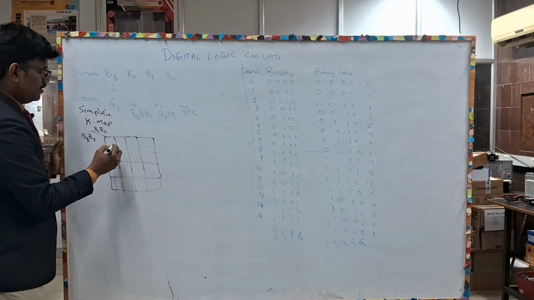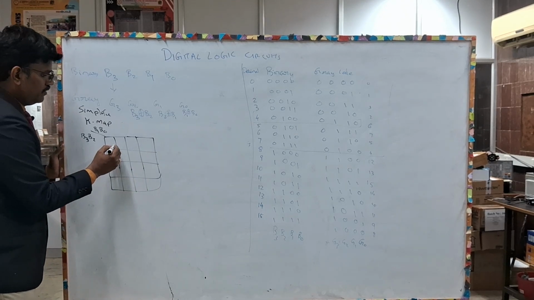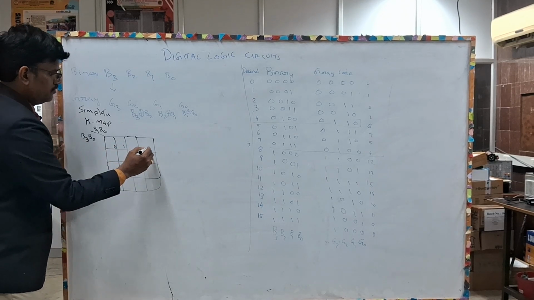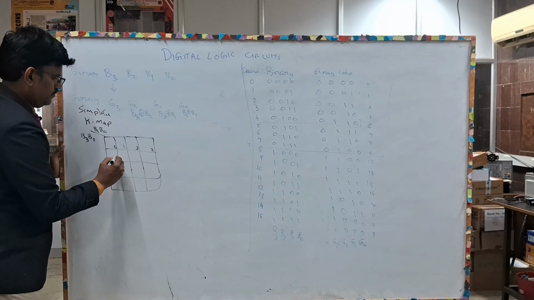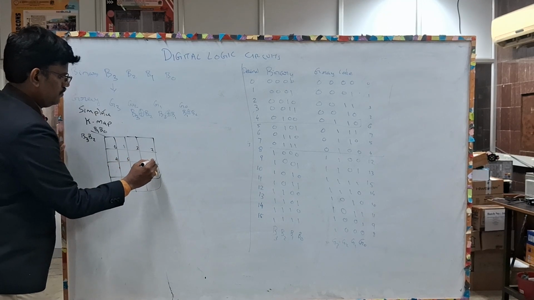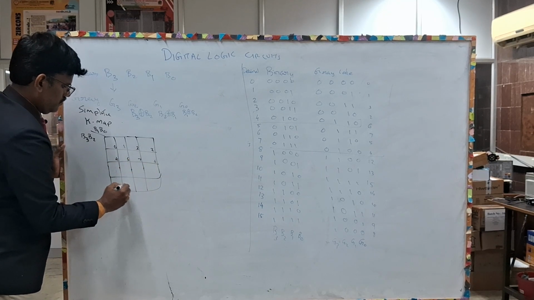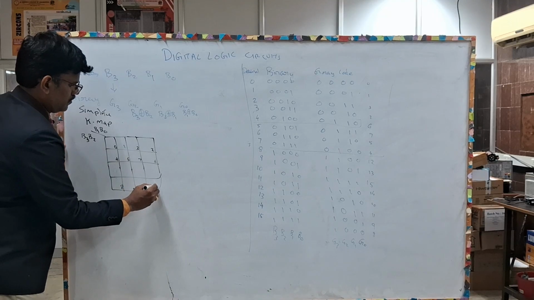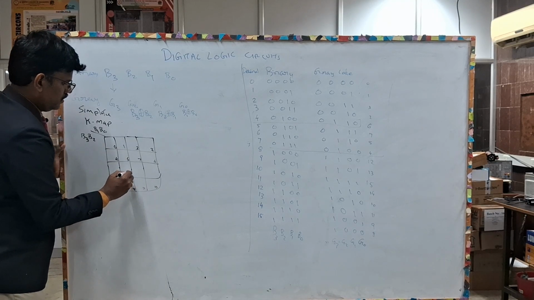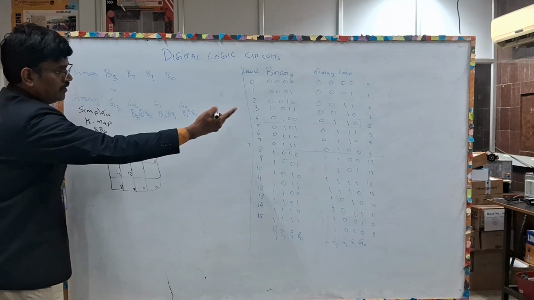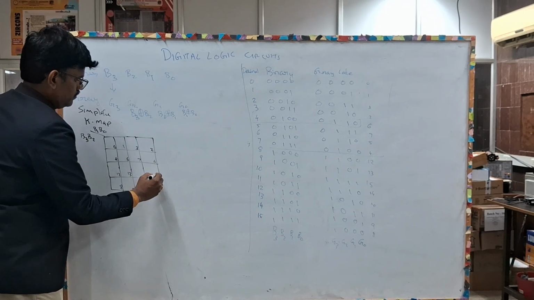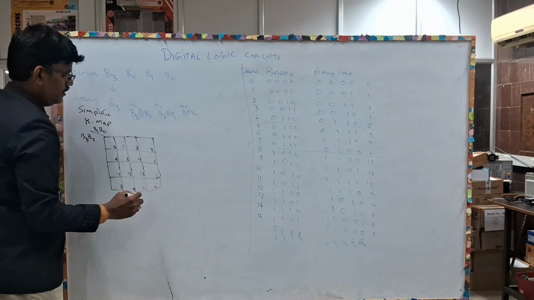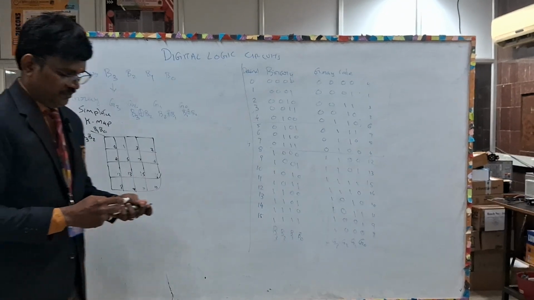In the 4 variable K-map, this is going to be the min term values for writing the given question. Where are the min terms available?